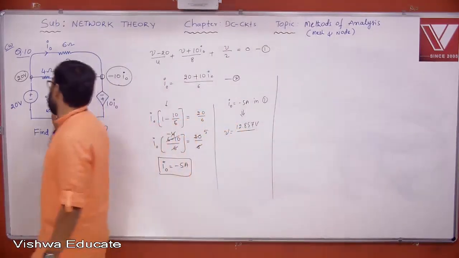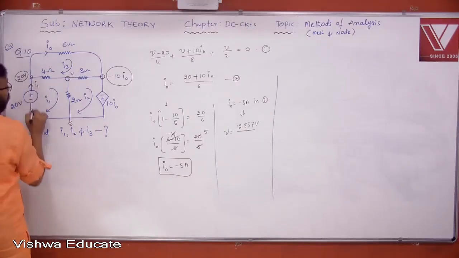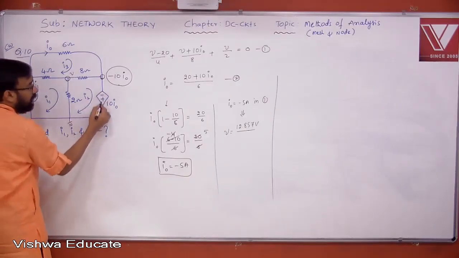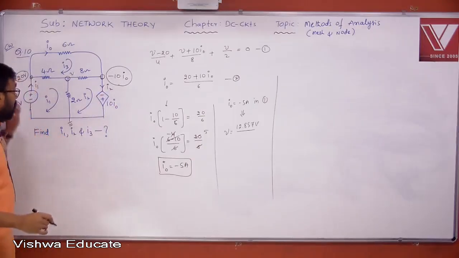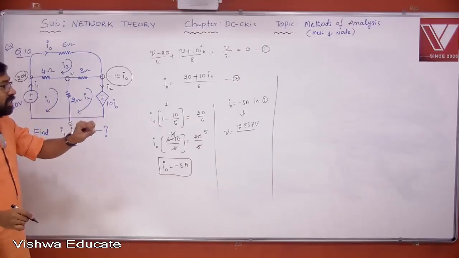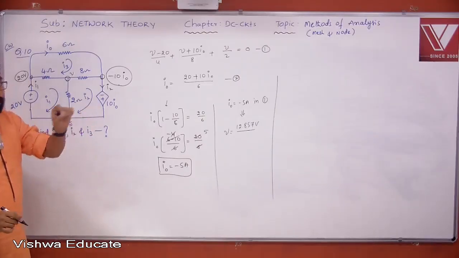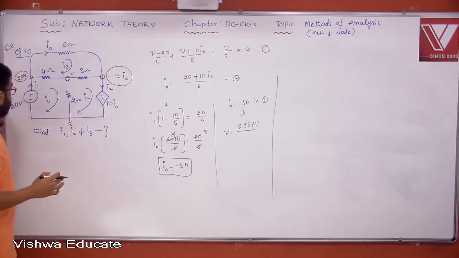Therefore, I1 is flowing here. The branch current is same as loop current I1. Here I2 is flowing. Here the branch current is same as loop current I2. Yes or no? An element which belongs to only that particular loop, that carries the branch current same as loop current. That's the concept we know already very well in the mesh analysis. We discussed elaboratedly, right? Now let us find this I1.